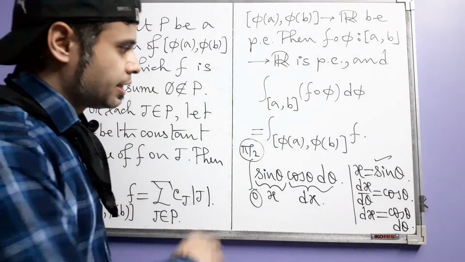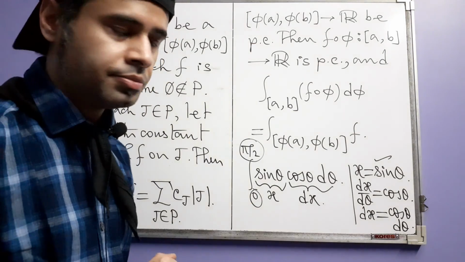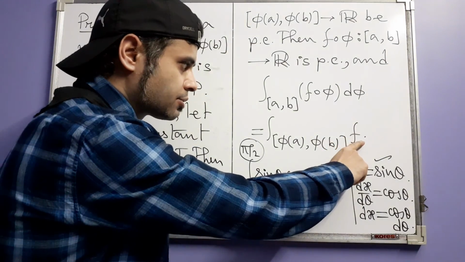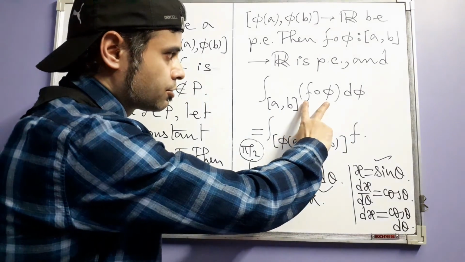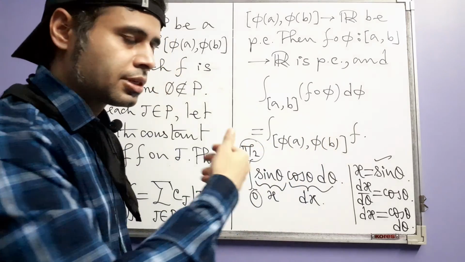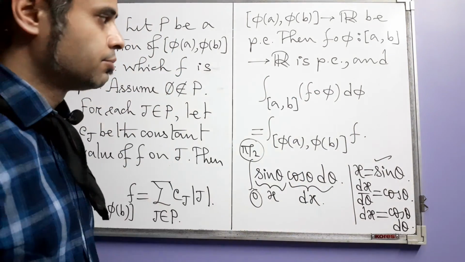Note that in this entire thing there is no question of integrability. F is already piecewise constant, so it is Riemann integrable. And if we manage to show that this composition is piecewise constant as well, it will be Riemann-Stieltjes integrable with respect to phi.